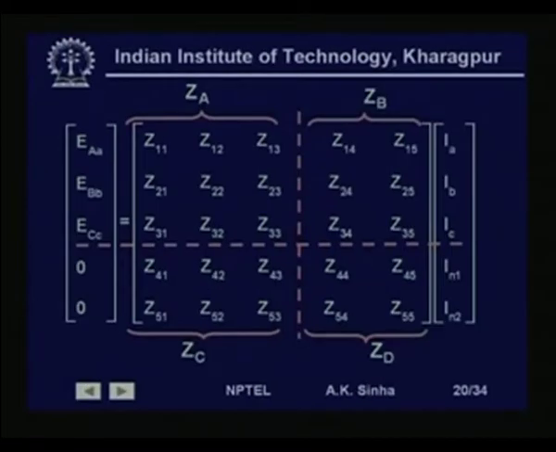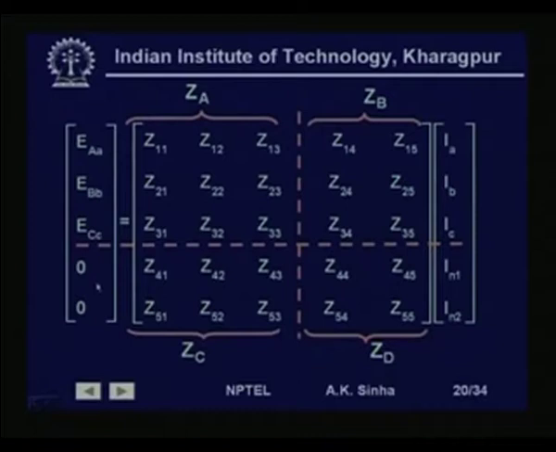Now, if you write the complete system equation for the voltages across the line conductors, then we will have the voltages E A A, E B B, E C C, that is the voltage across the 2 points of the phase A conductor, phase B conductor, and phase C conductor. Similarly, for the neutral conductors, since the neutral conductors are grounded, these voltages will be 0.